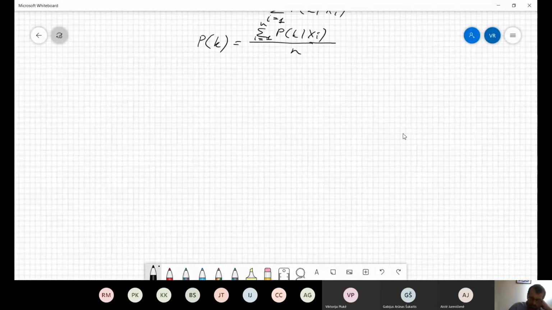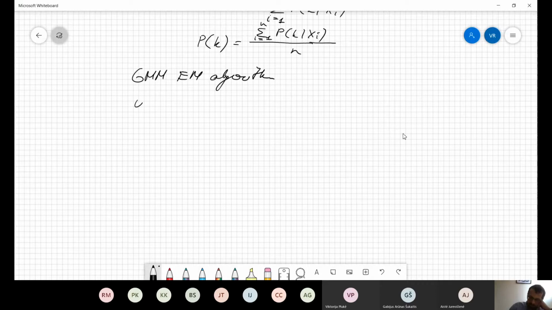So let's do this: the GMM EM algorithm. As a 0th step, we do the initialization. We do it for d equals 1, so we are still in one-dimensional space.